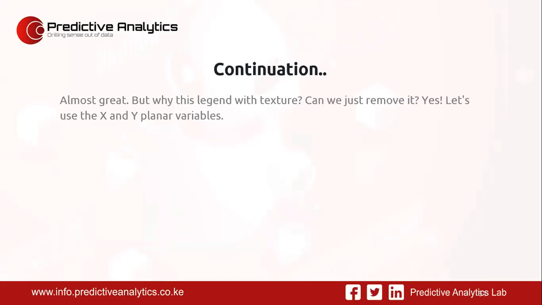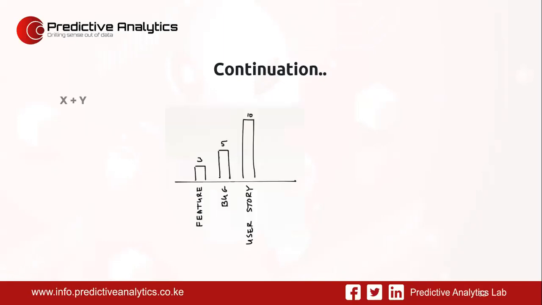So yes, let's use the X and Y planar variables. We're trying to construct the best way to visualize that sample data. So we come up with X and Y. Here we have a feature, bug, and user story. We have a bar graph without texture. So there's 3, 5, and 10.